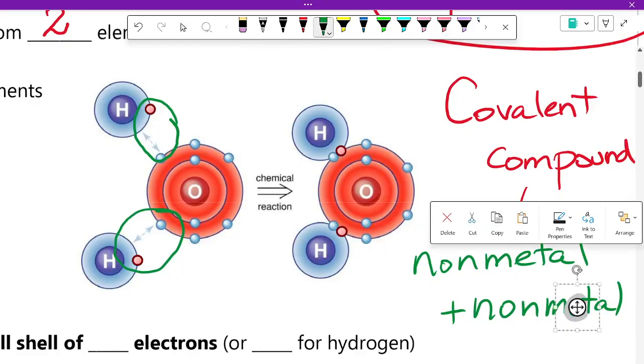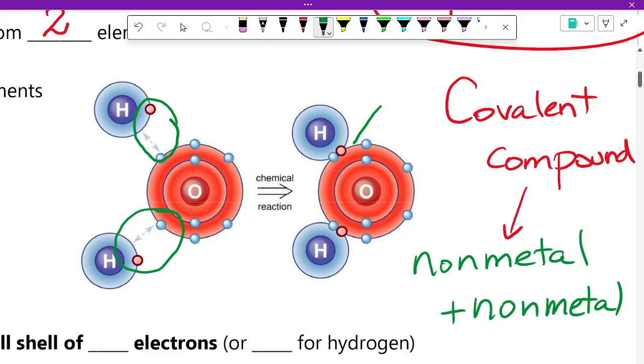What kind of a thing do we call this here? That is a covalent bond. What type of covalent bond? That is a single covalent bond because it's sharing 2 electrons. Yeah?